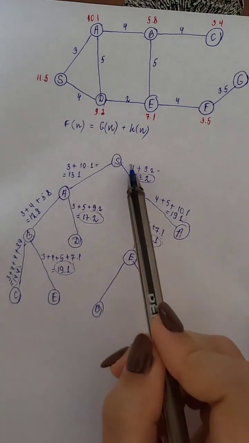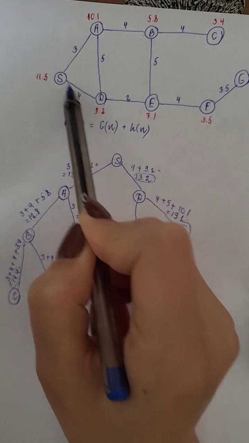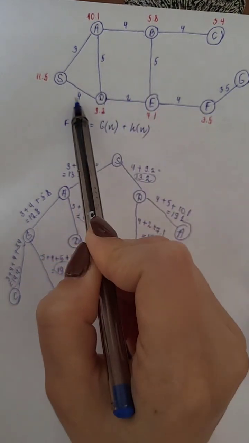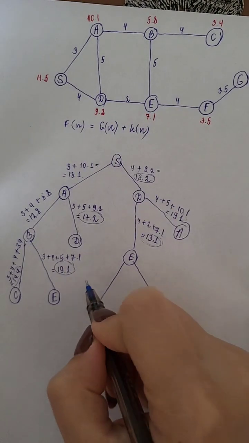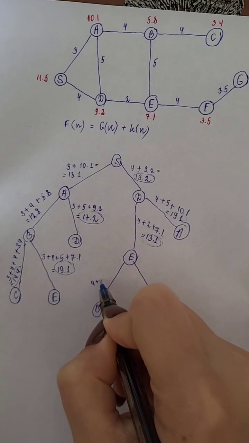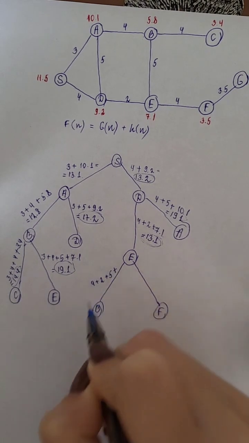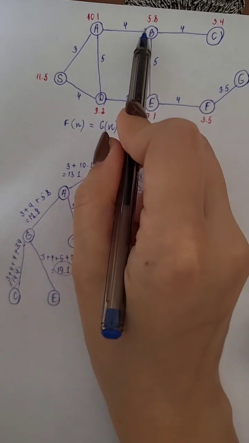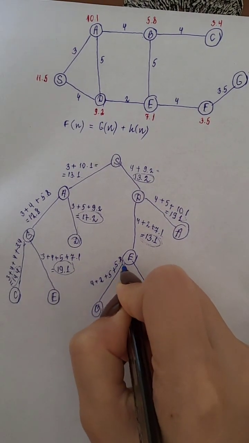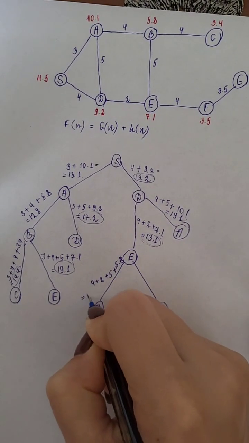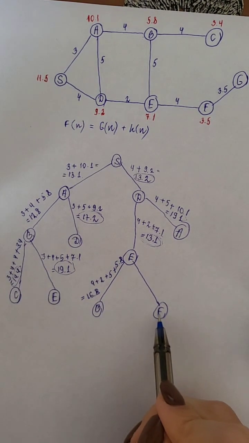S to B. S, D, E, and B. This one, yes? 4, 2, and 5. We have to write 4 plus 2 plus 5 plus, what's the heuristic value of B? 5.8, which gives us 16.8.